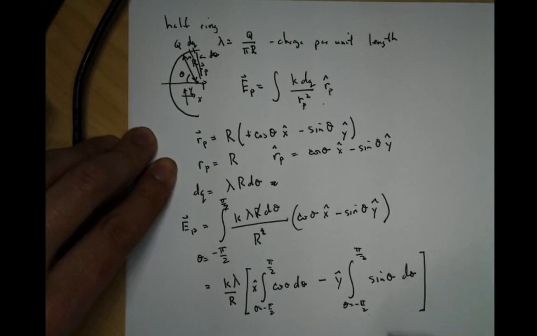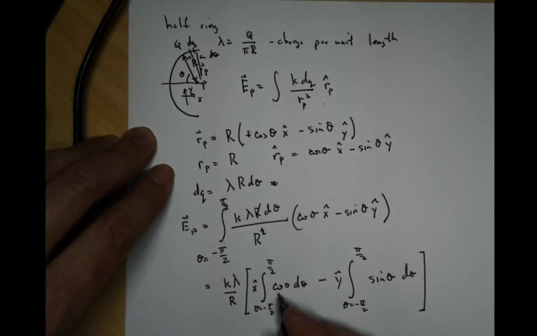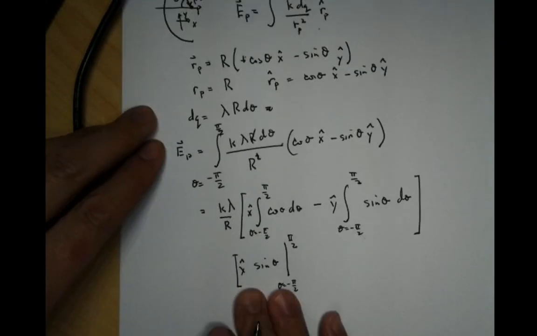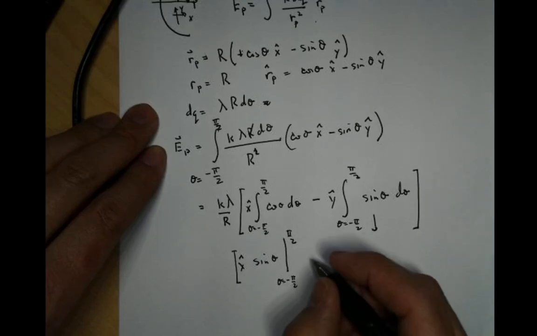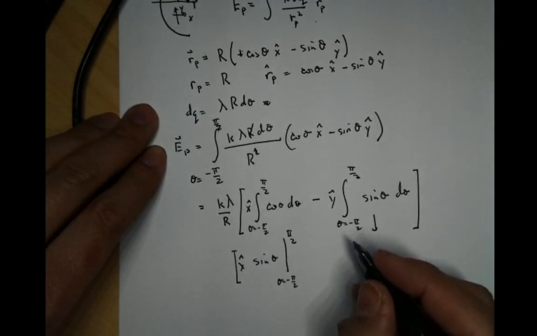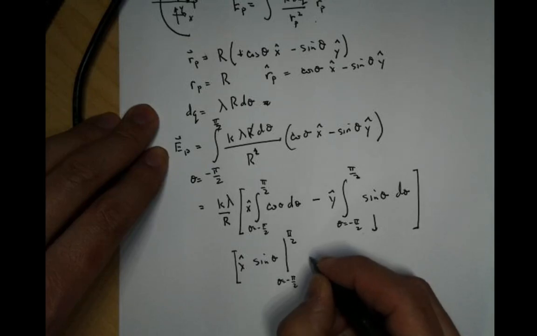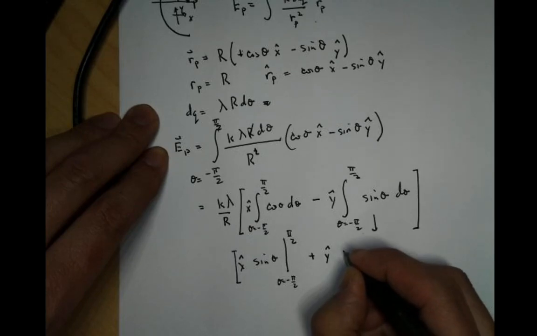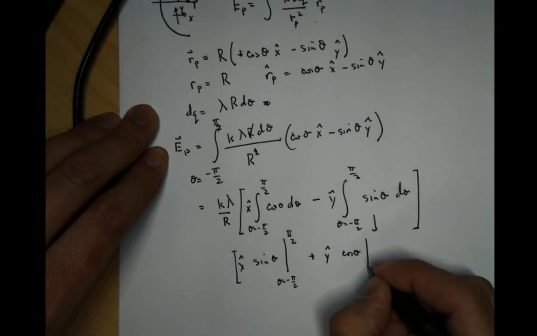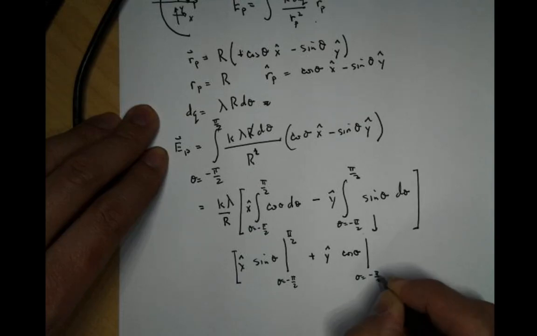The integral of cosine theta is just sine theta, evaluated between theta equals minus pi over 2 and pi over 2. That's on x hat. The second one is minus cosine theta, so this converts to a plus, y hat times cosine theta, evaluated from minus pi over 2 to pi over 2.